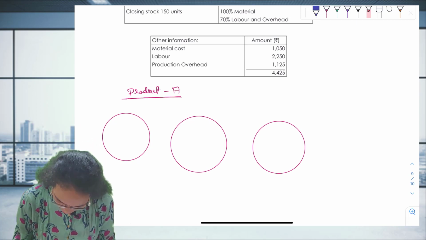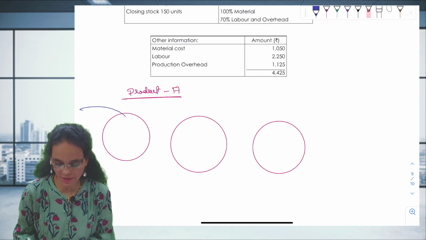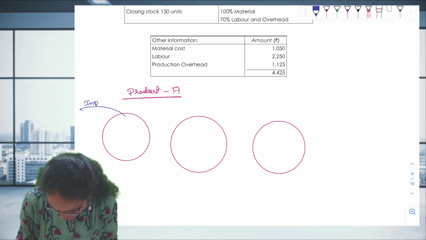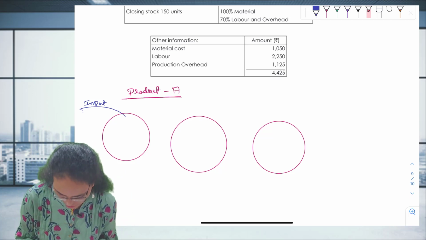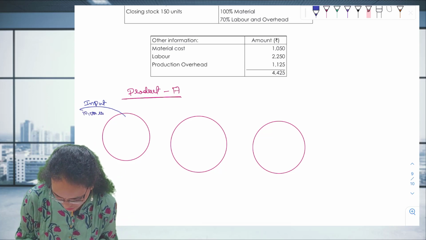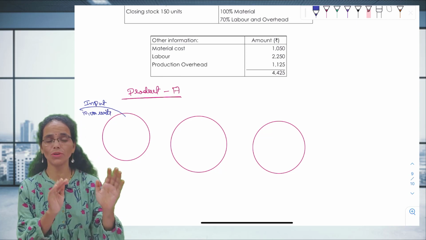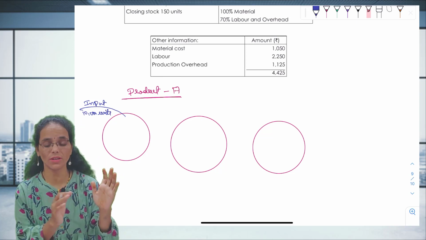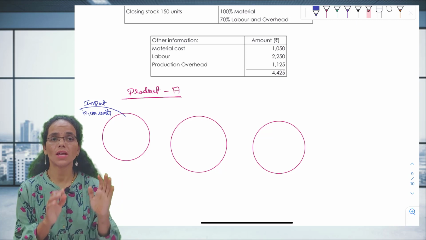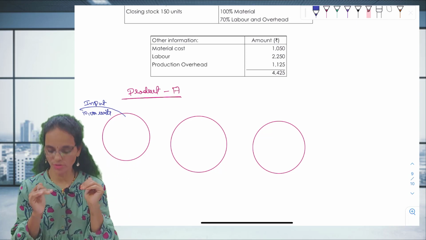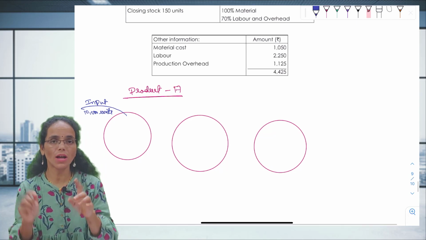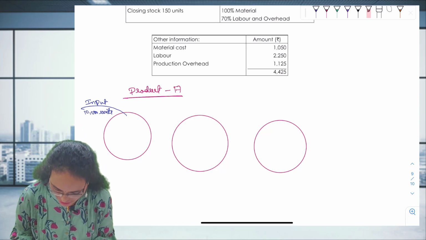Here I have inserted some raw material. This is the input. Take the example, 10,000 units input I am inserting. Don't ask me where did you get this 10,000 units, this is the example I am taking. 10,000 units we are introducing into the first process, under which the processing will take place.